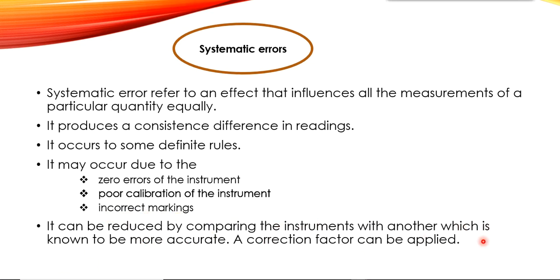A correction factor can be applied. You can also avoid systematic errors by having knowledge about the zero errors of the instrument you are going to use, its calibration, or how to do the marking of that instrument.